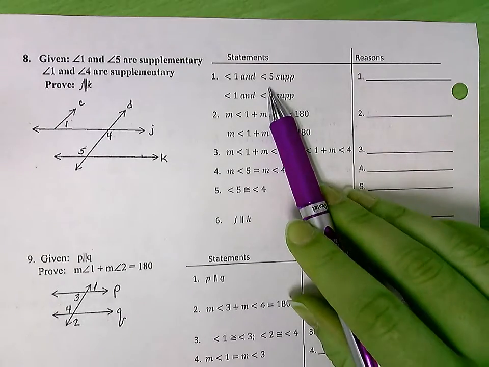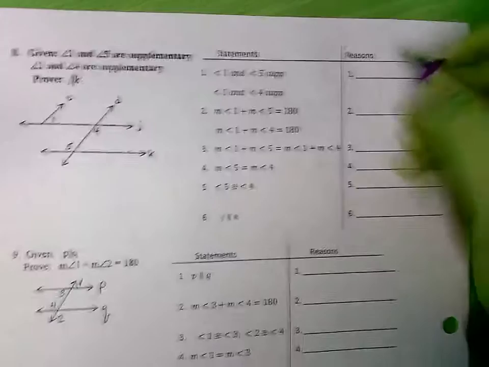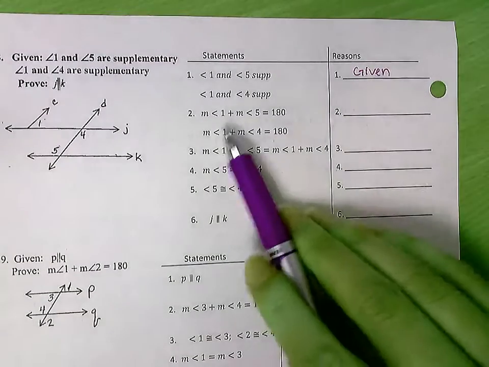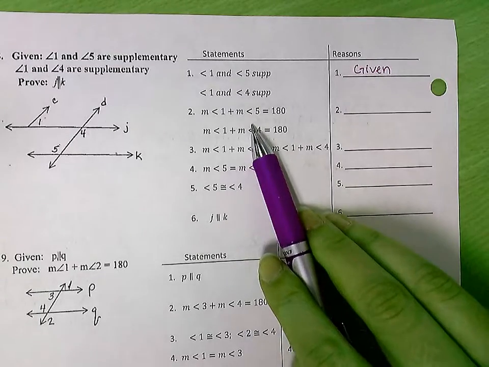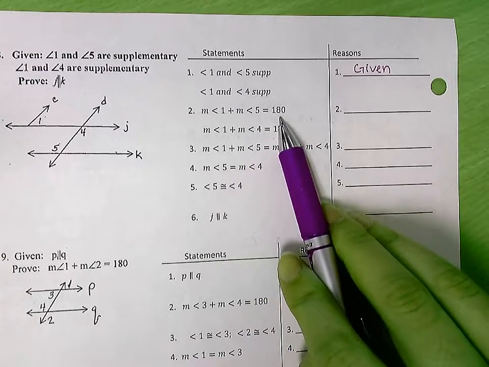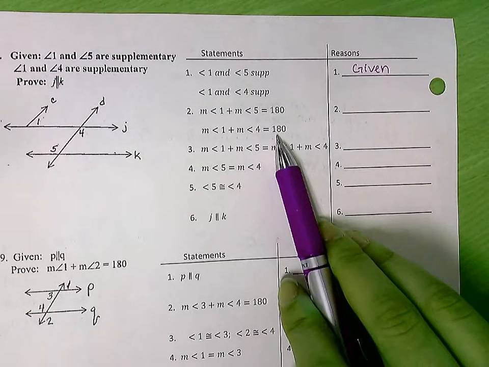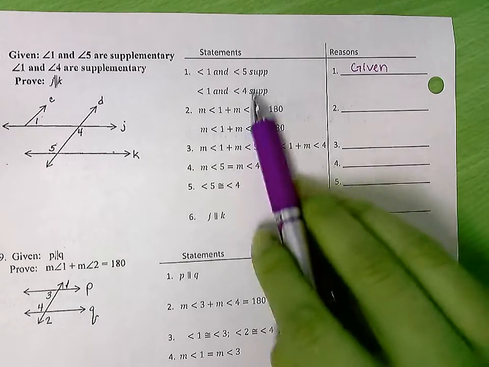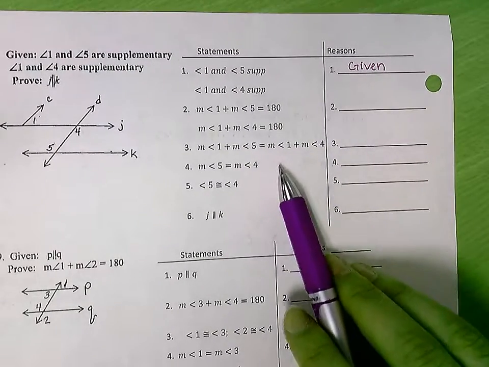Since angle 1 and angle 5 are supplementary, and angle 4 and angle 1 are supplementary, that was our given information. Since 1 and 5 are supplementary, I can add them to be 180. Angle 1 and angle 4 are supplementary, so they're added to be 180. I'm just using their definition of supplementary angles.